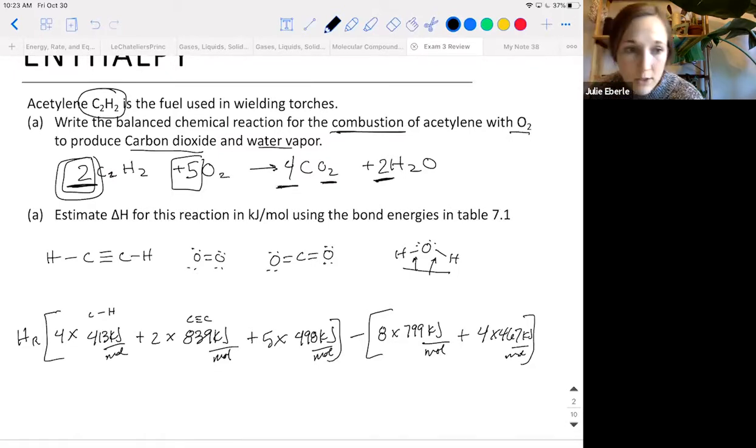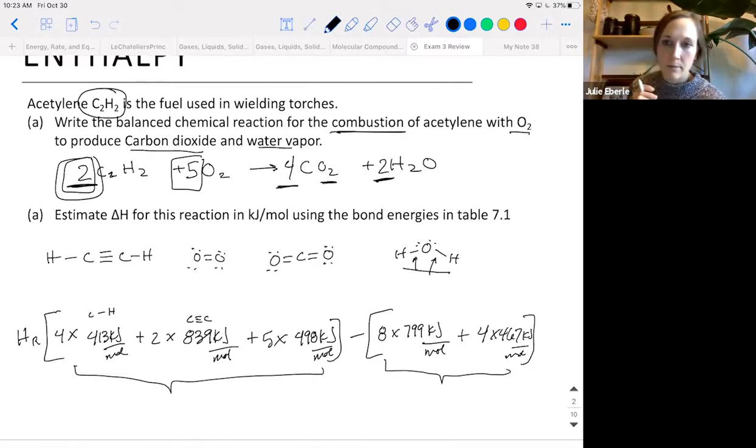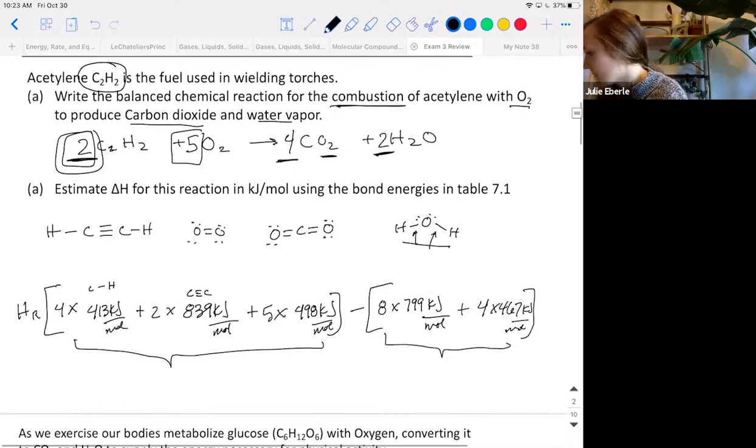And you can, if you want to tell us separately the sum of the reactants and the sum of the products. I want it. Please take it.